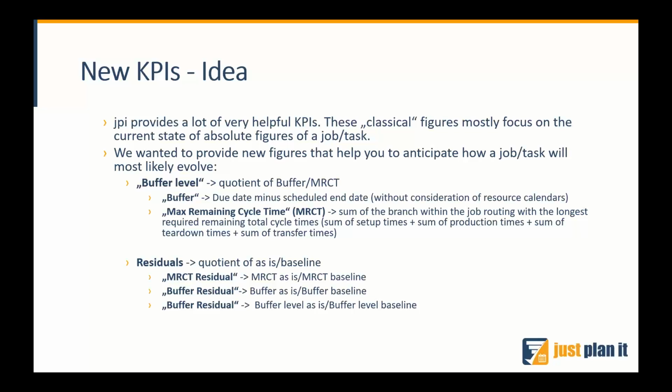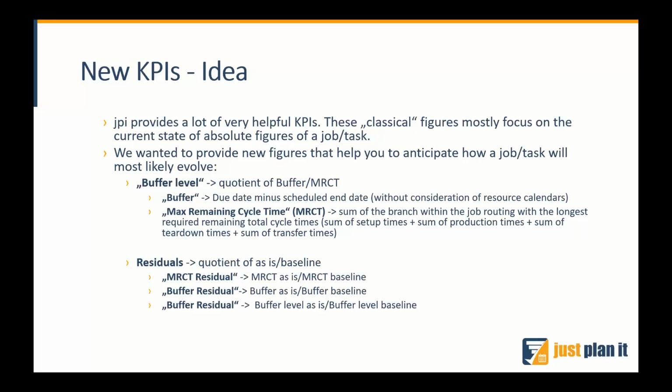Currently in JustPlanet, or before our latest release, we already provided a lot of helpful KPIs, but in our eyes, all these absolute figures mostly focused on the current state. They show, okay, an alert: currently this is scheduled to be late, and that is it.